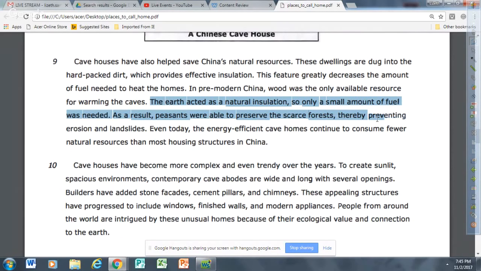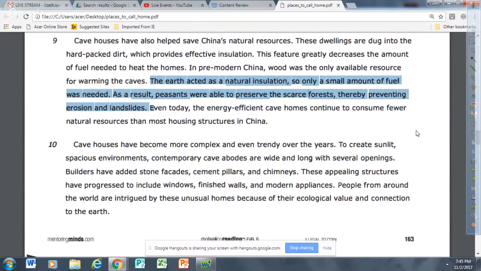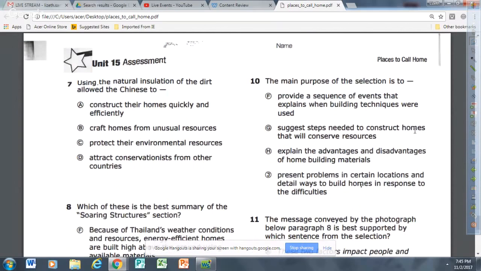As a result, because of this, peasants were able to preserve the scarce forest, thereby preventing erosion and landslides. So here you see how they talked about the natural insulation, and then because of it, the peasants were able to preserve the scarce forest, thereby preventing erosion and landslides. Let's see if that's one of our choices. It says because of that, they were able to construct their homes quickly, craft homes from unusual resources, protect their environment, or attract conservationists. Go ahead and email me what you think the answer is for number 7.